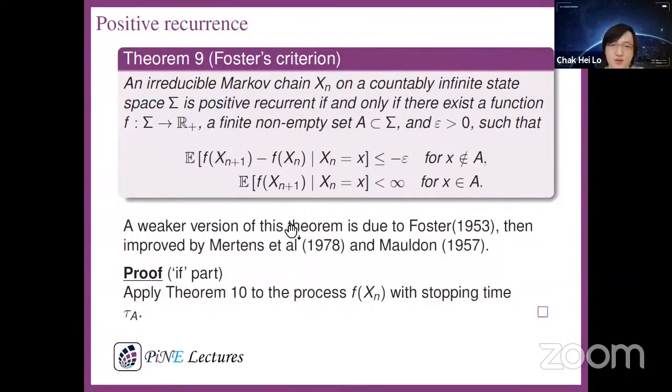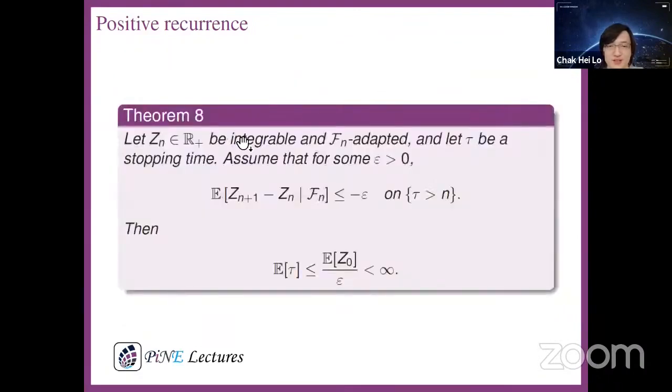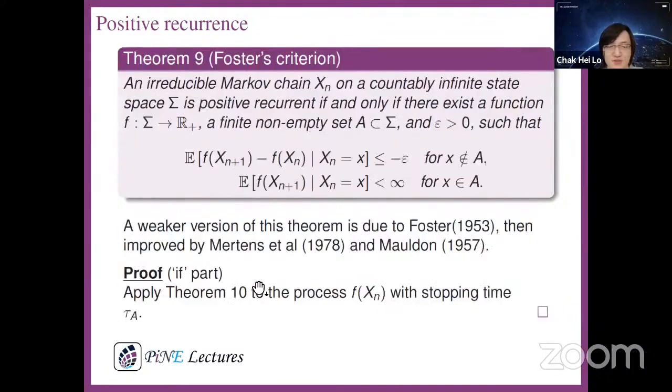A weaker version of this theorem is due to Foster, and then it was improved by Mertens et al. and Molden. In fact, proving this theorem is very straightforward once we know the theorem before. This is theorem X; I think this is a typo, it should be theorem X, the theorem before.